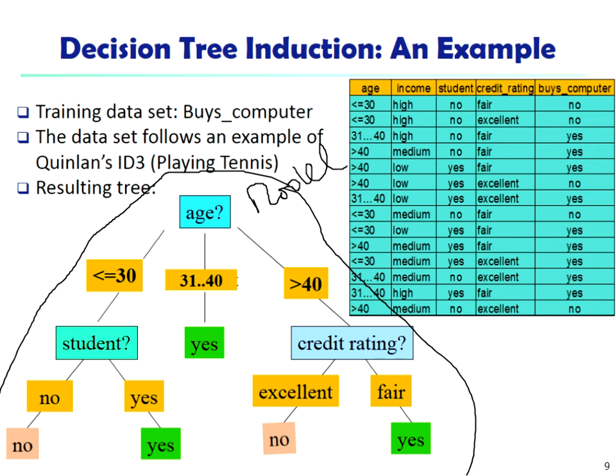So we can convert this model to if-then-else rules. How can we convert this model to rules?